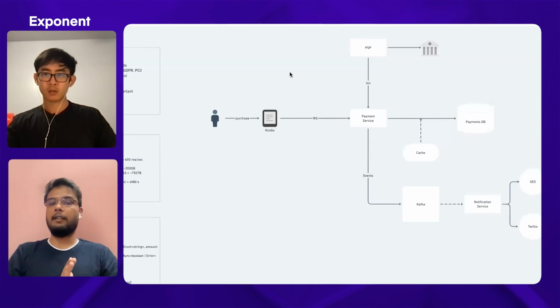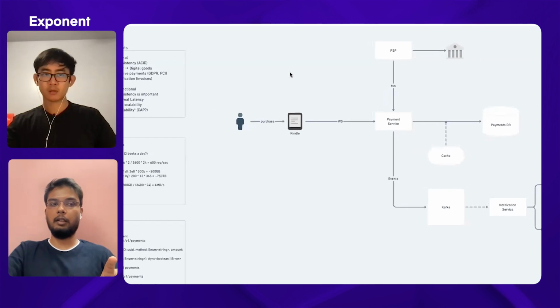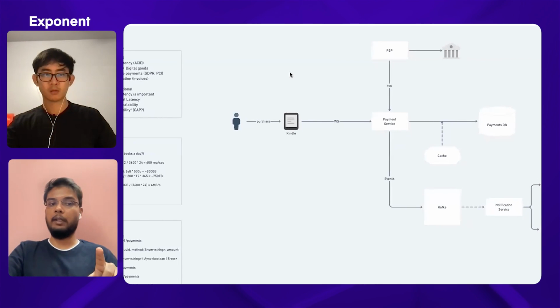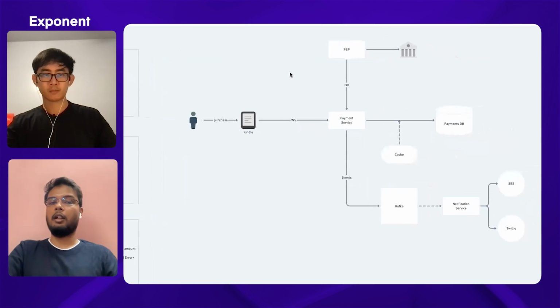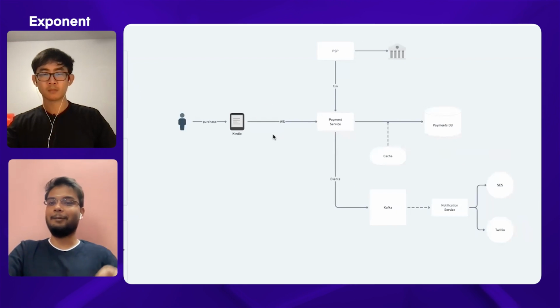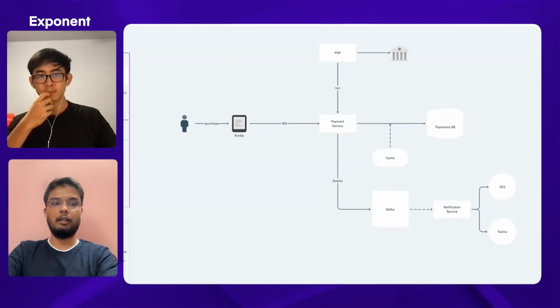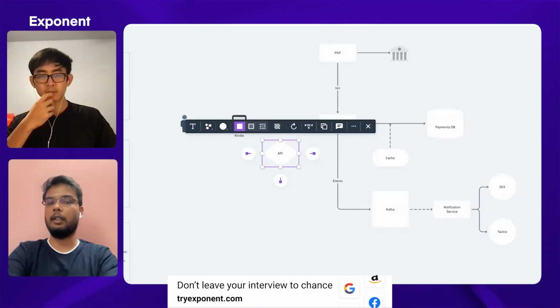Next step, which would be our last requirement to get into detail, would be PCI and GDPR compliance. As you can see, I haven't added a load balancer. That might be strange, but I think we should use an API gateway here.